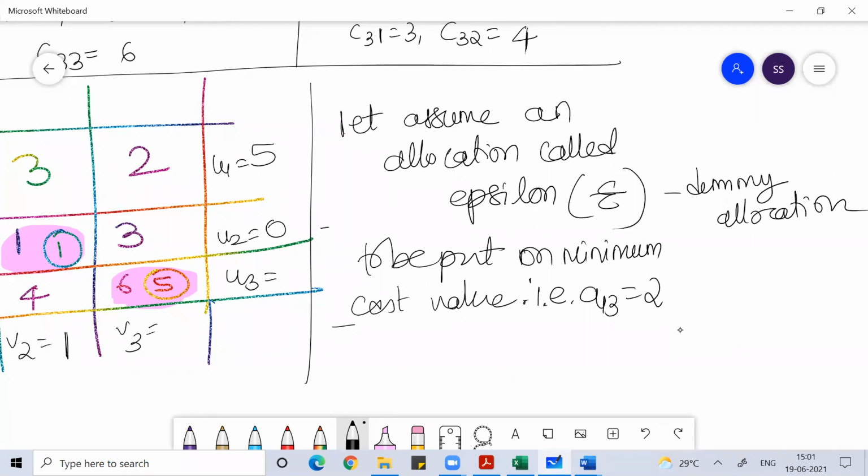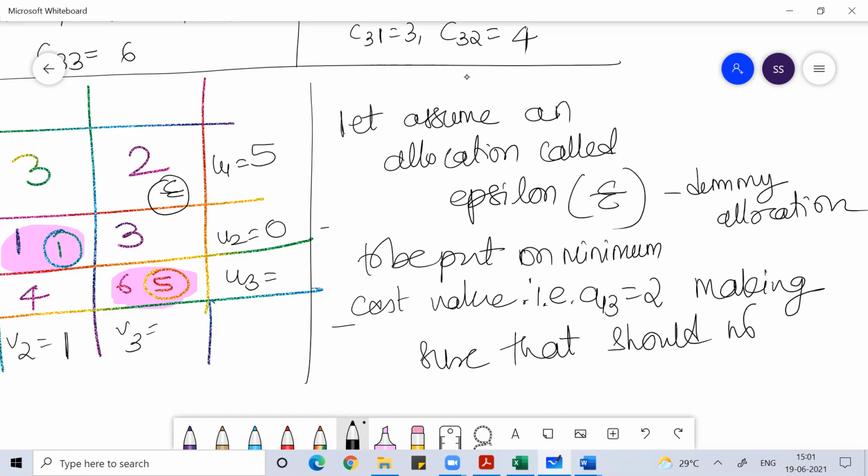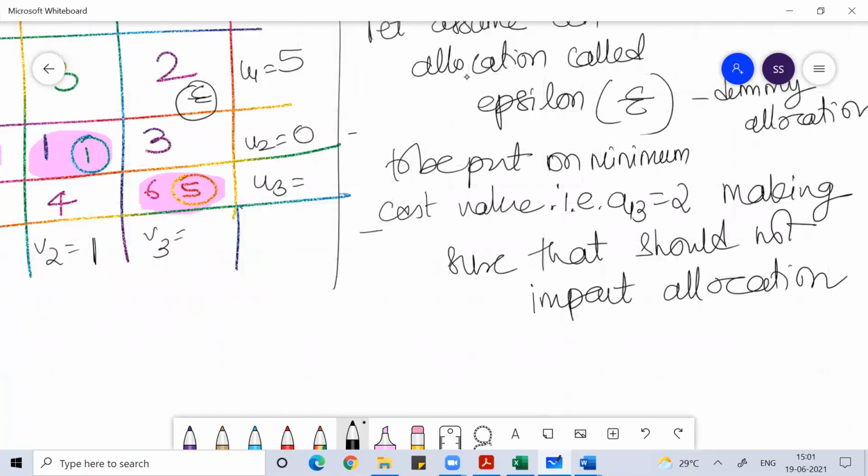So we'll put this dummy allocation, which we call epsilon, on the minimum cost value, making sure it does not impact the allocation done so far.